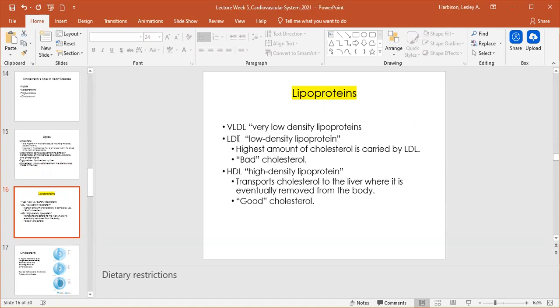You have low density lipoproteins, LDL, which are considered bad cholesterol. And then HDL, high density lipoproteins, transport cholesterol to the liver, where the body eventually excretes it, removes it from the body. That is called good cholesterol. I just want you to know the difference between bad cholesterol and good cholesterol.